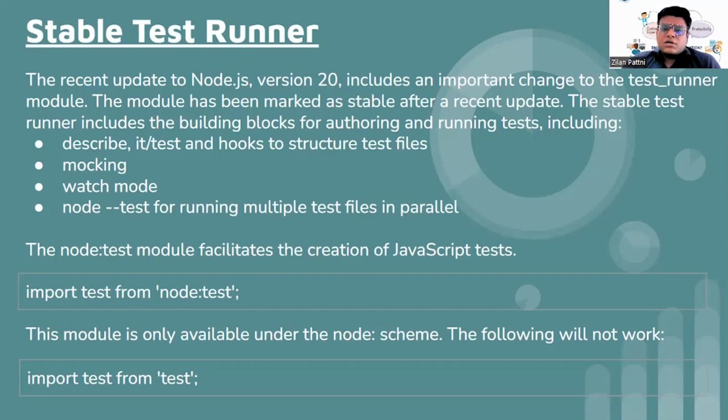Previously, we used other modules or software to write unit test cases, but in Node.js version 20, it is now introduced to run the test cases on the Node.js side, and it will handle the errors and processes and all the things for test cases as well. Using node:test, you can import test and then proceed with the test cases. It will not work with just the test keyword. You have to use node:test.